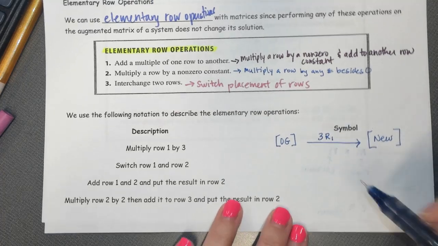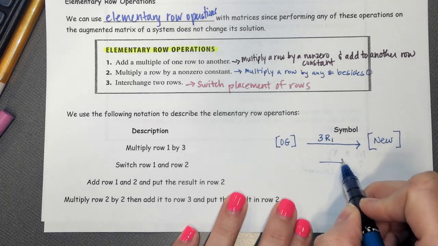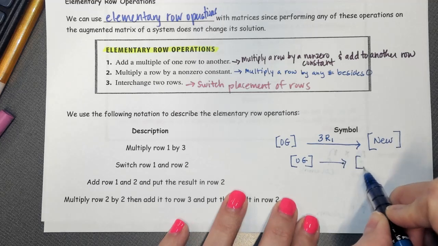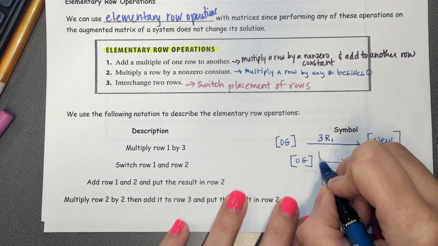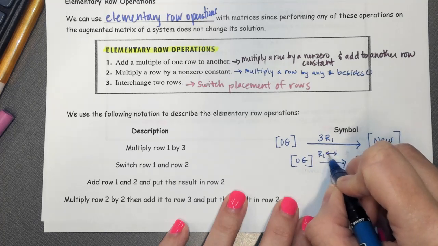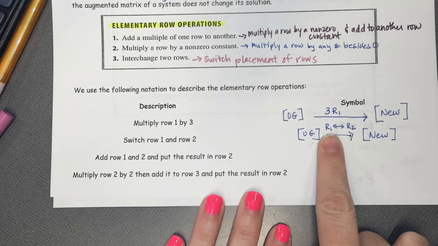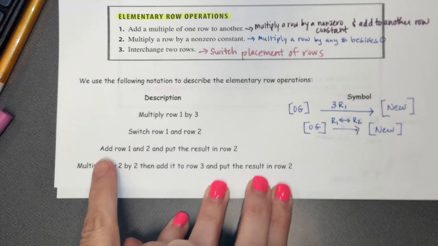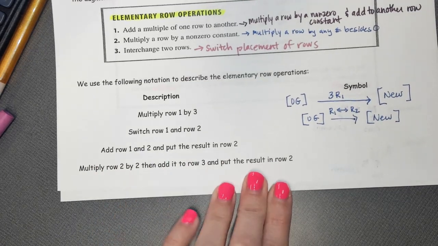Okay, if you want to switch row 1 and row 2, then you're always drawing an arrow from the original to the new. And the way that you say what's happening, if you're switching rows, is a double-sided arrow. So this means you are switching row 1 and row 2. Okay, this one says you're adding row 1 and row 2, and you're putting the result in row 2.